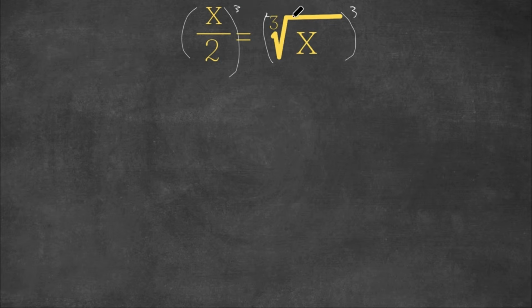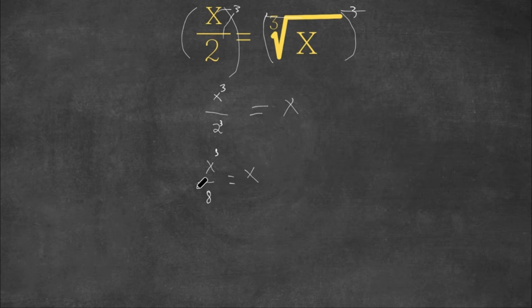So now, because these two would cancel out, this side would just be x, and this side would distribute to all the terms. So we would have x to the power of 3 over 2 to the power of 3. Now, as we all know, 2 to the power of 3 is 8, so this would be x cubed divided by 8 equals x.